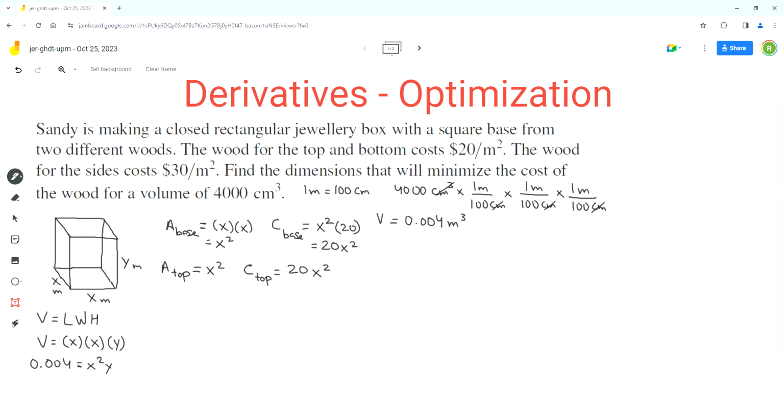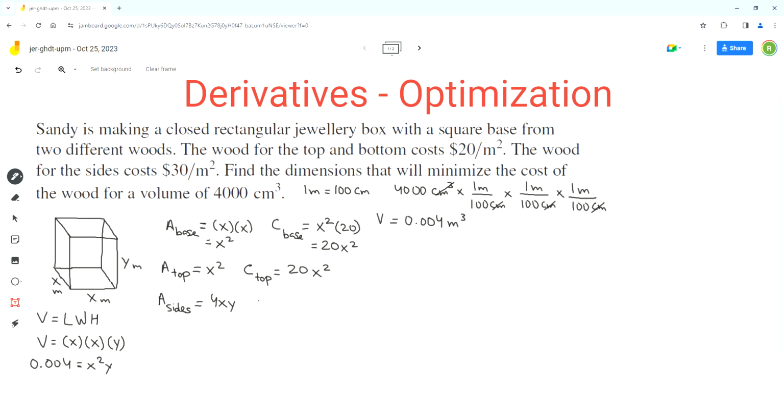Now the sides are made up of 4 surfaces, and each of those surfaces is a rectangle of dimensions x and y. So the area of the sides will be the sum of the area of 4 rectangles of dimensions x and y, so it will be 4xy. Each rectangle has area x times y, and since there are 4 side faces and they all have the same area xy, that's why the total area of the sides will be 4xy.